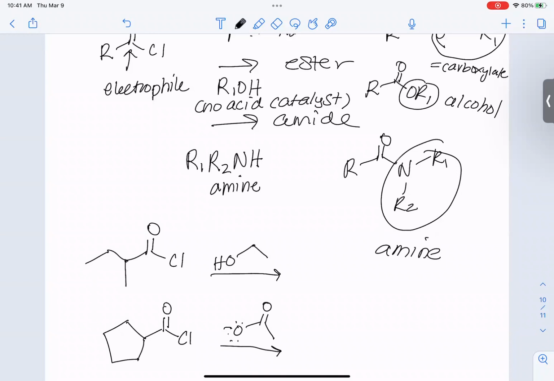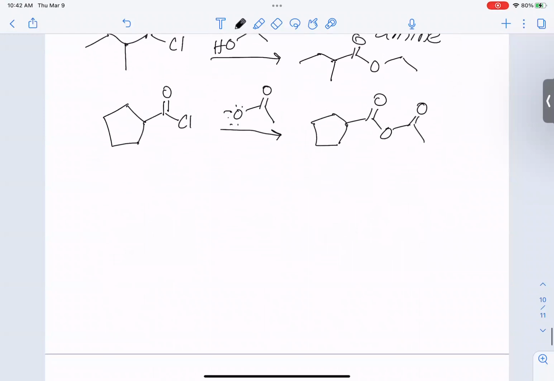Okay, so the first one, you should get an ester. That looks like that. The second one, what carboxylic acid derivative do I get? What's it called? An anhydride, okay? Nothing overly crazy here, pretty straightforward, right?